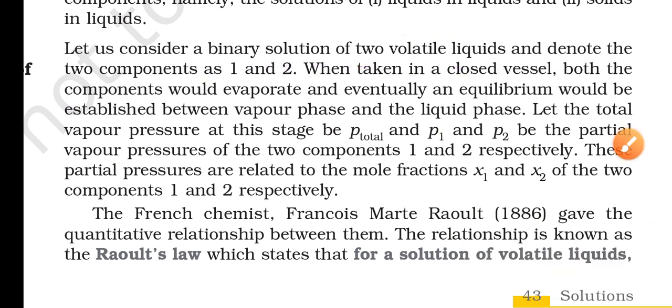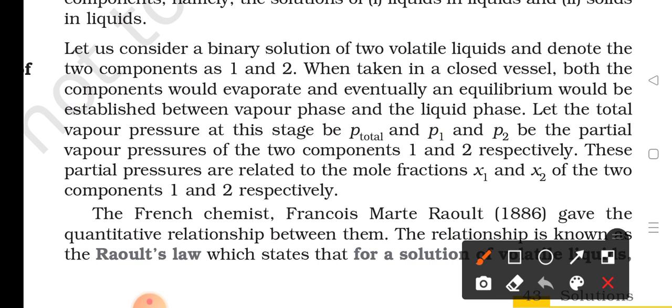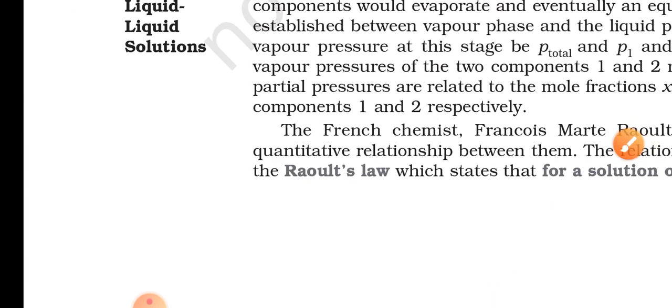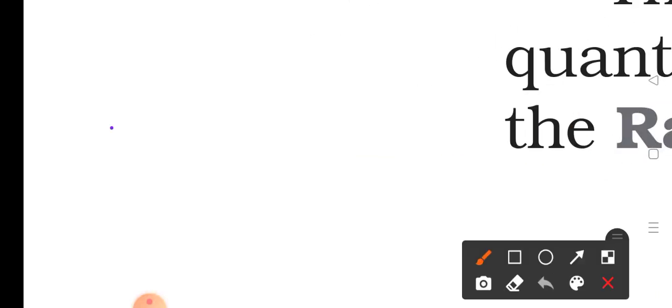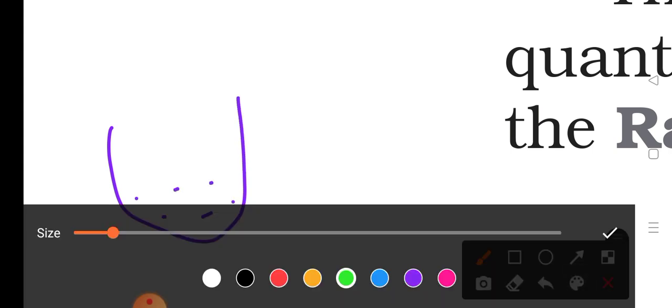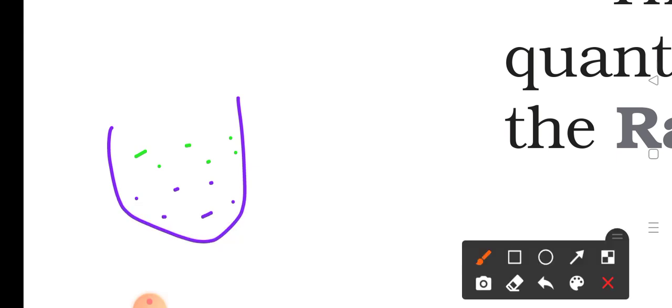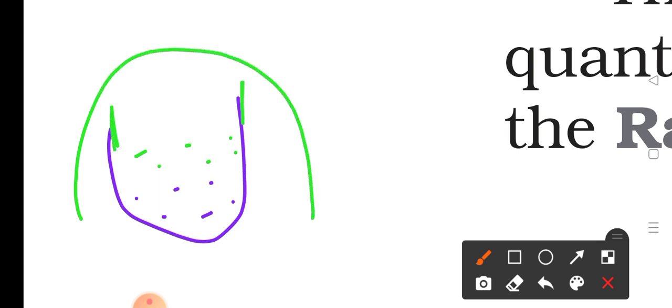In that binary solution there are two liquids, so the total vapor pressure means, see, if we take a liquid and add a different liquid, so it has two different liquids. If we cover the beaker, then after some time we see that since these two are volatile liquids, they will fly away.